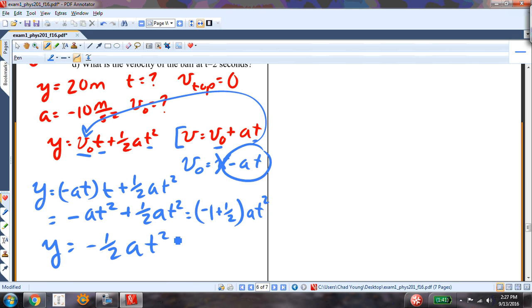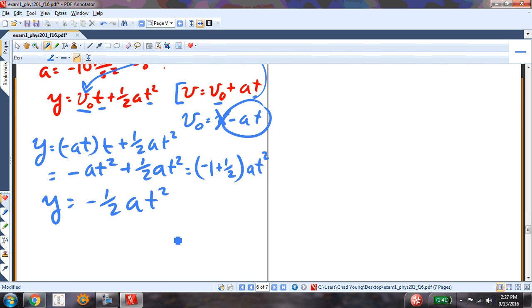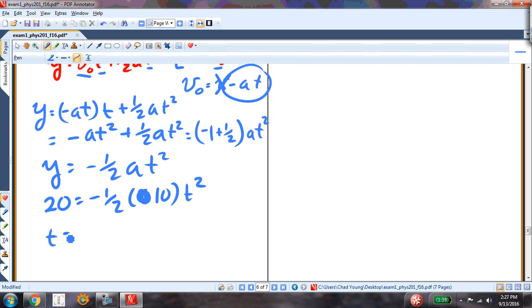All right, so now I know everything here but t. y is equal to 20, which was negative 1/2 times a, which is 10, times t squared, and I solve that for t. And it works out that t, it should be negative, t is equal to 2 seconds.